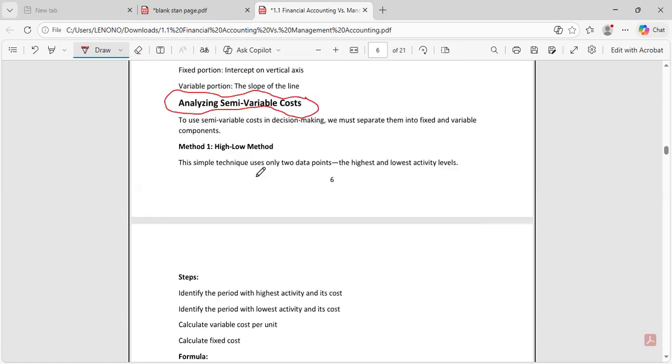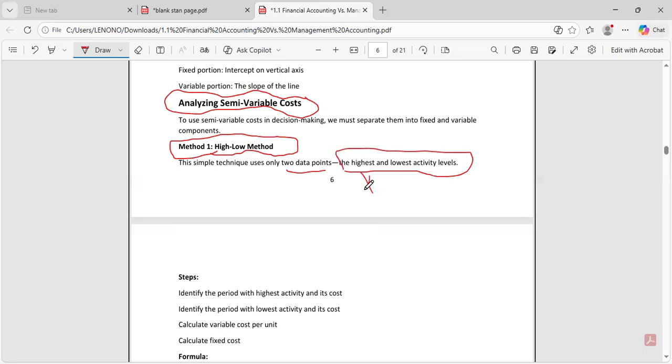So we look at method one, which is the high-low method. How is it calculated? This simple technique uses only two data points, the highest and the lowest activity level.